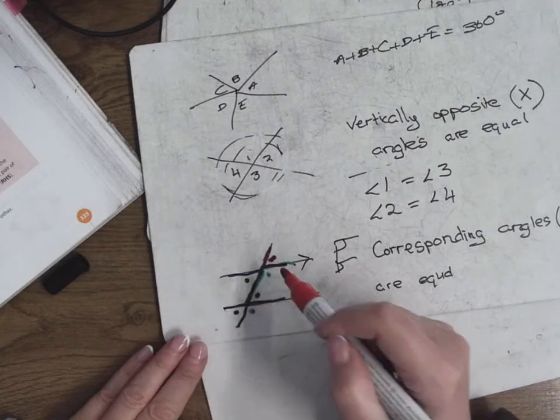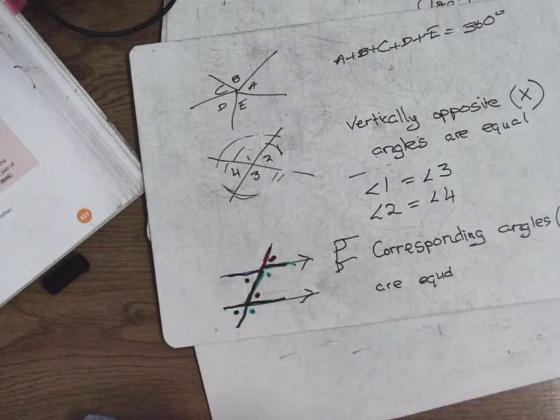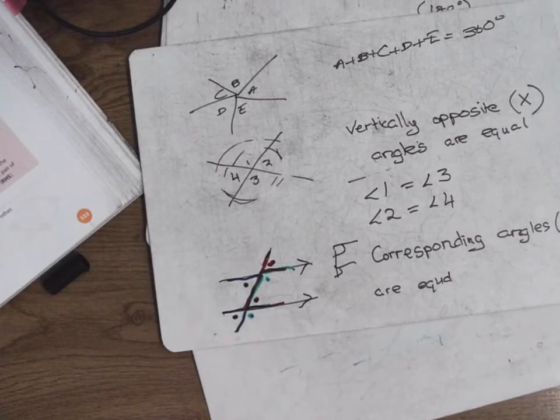There's one more F I could do, but I've only got three colours and it's getting messy anyway. Are we all right with that? F is a corresponding angle.